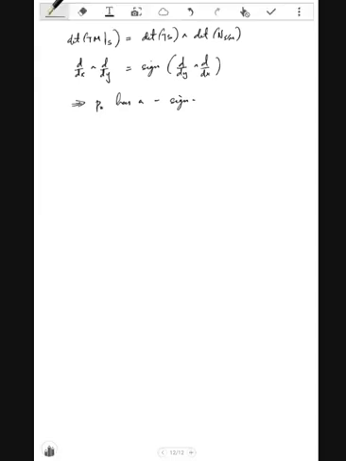Thus the class of S1 intersection S2 is equal to eta S1 cup eta S2, and this S1 intersection S2 is two points, but they have opposite signs. So this is just class of a point minus class of a point, which is 0.